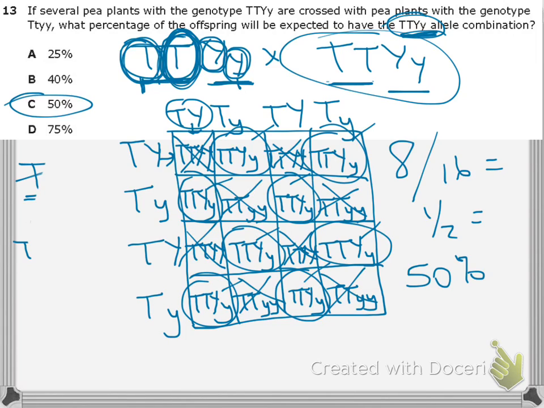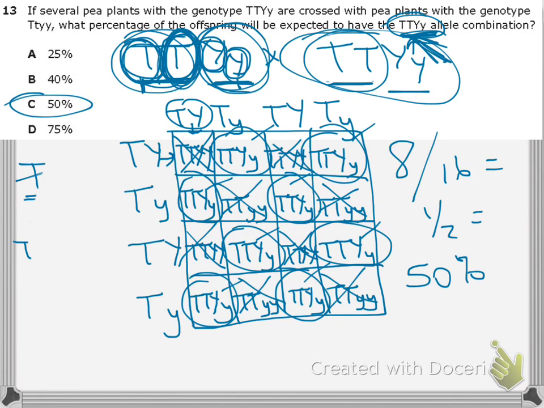Now, I will show you another way to do this, which does make it a little bit simpler. And you'll notice that since the only possible choice that our parent plants can give is big T, we only needed to actually do a Punnett square on the second part of this, the big Y, little y, because we know no matter what, our plants are going to have two big T's as their genes for height, okay, for being tall.